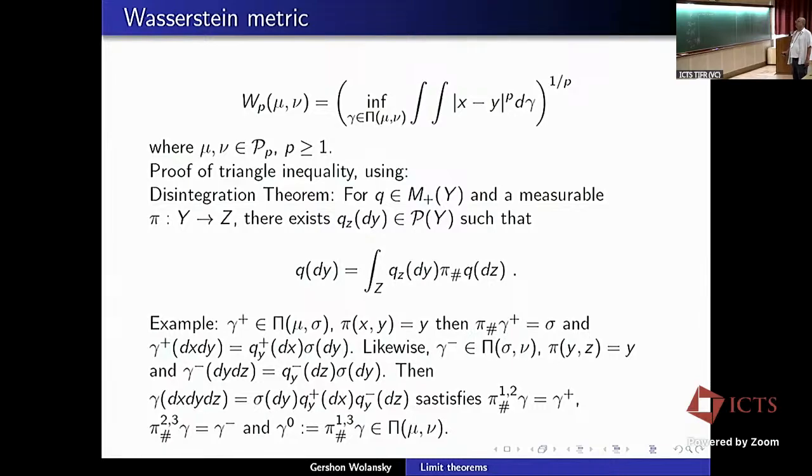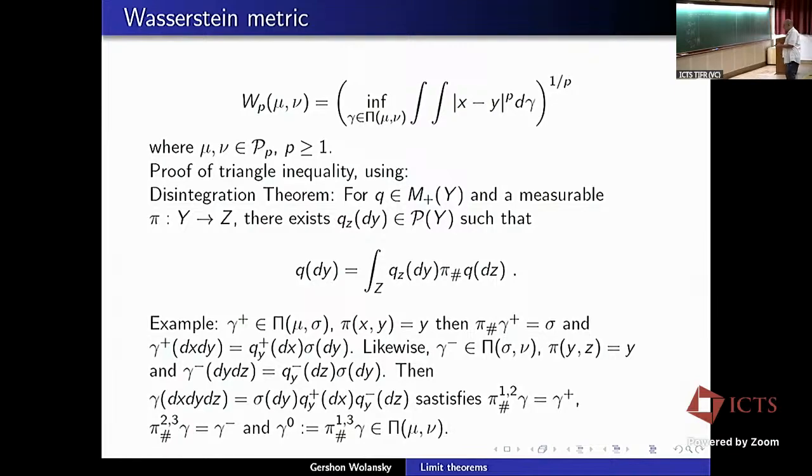That is a probability measure in P(Y). We can call it a conditional probability of q given z, such that the measure q can be disintegrated in this form as an integral of this conditional probability times the push forward of the measure q by this function pi.